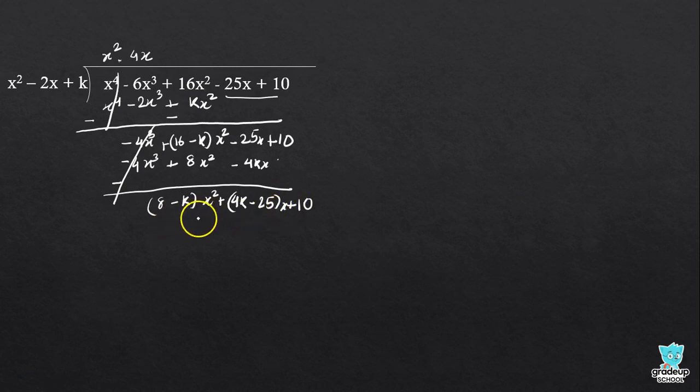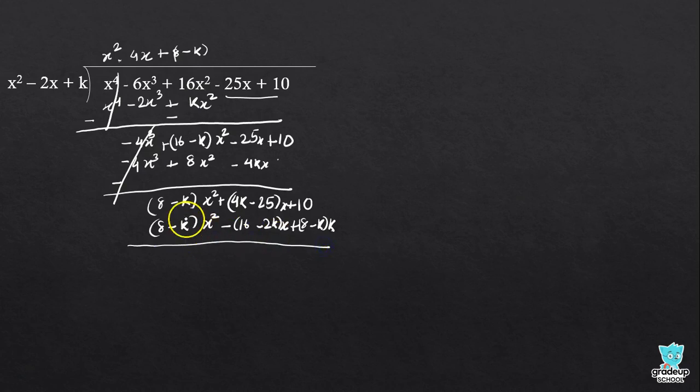Now the first term here is (8 - k)x^2 and the first term of the divisor is x^2. So when we divide we get plus (8 - k). Now we multiply this term with the entire expression of the divisor. We get (8 - k)x^2 minus (16 - 2k)x plus (8 - k)k. Now we obtain the remainder expression.